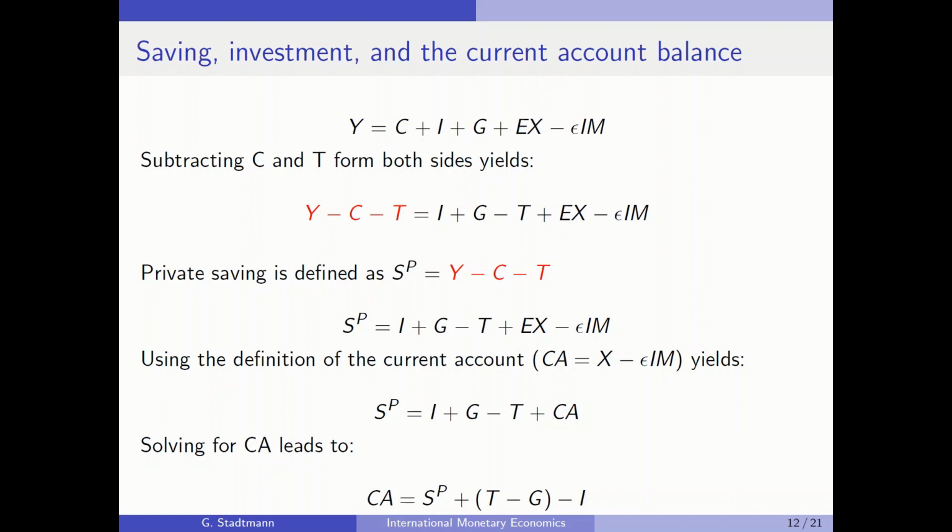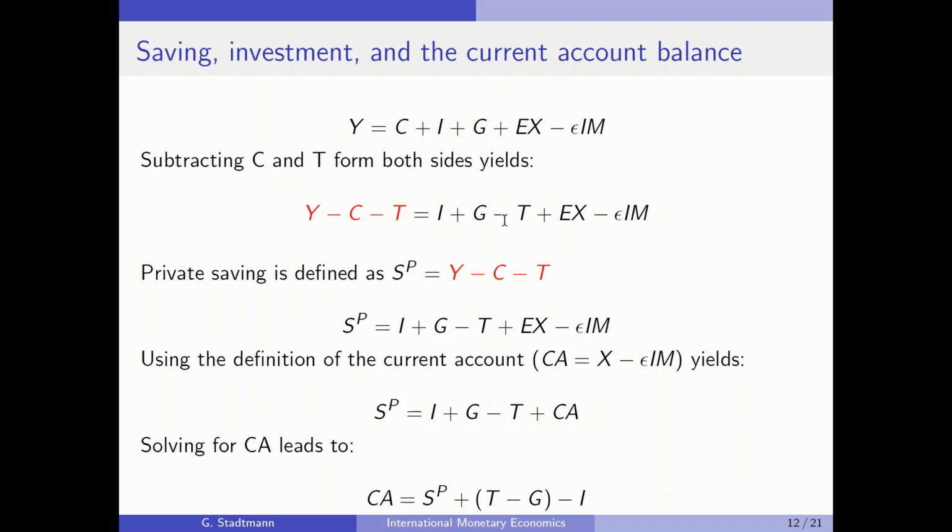When we subtract C and T from both sides of the equation, we get to this relationship here, minus C minus T on the left-hand side. And there was already a C on the right-hand side of the equation. This will cancel out against this C when we subtract. And then we have a minus T left on the right-hand side of this relationship.